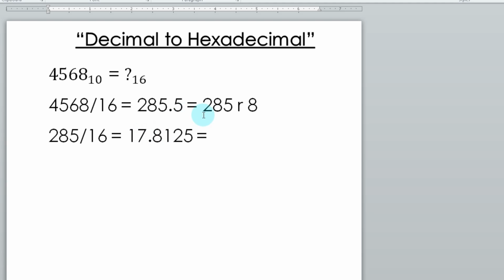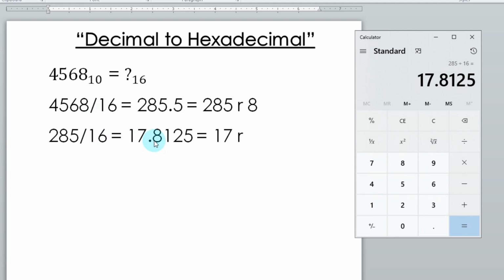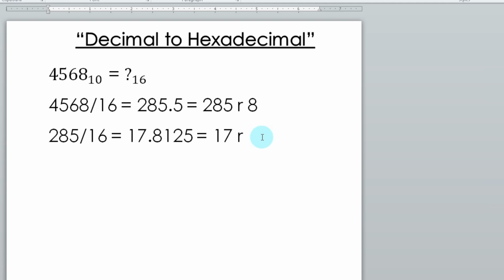Again, we identify the whole number and the remainder. We have 17 here, and the remainder is 0.8125 multiplied by 16, which is 13. So the remainder here is 13.